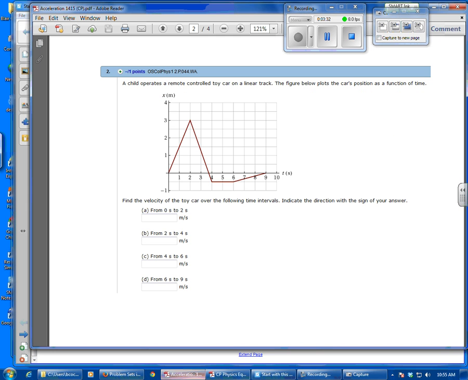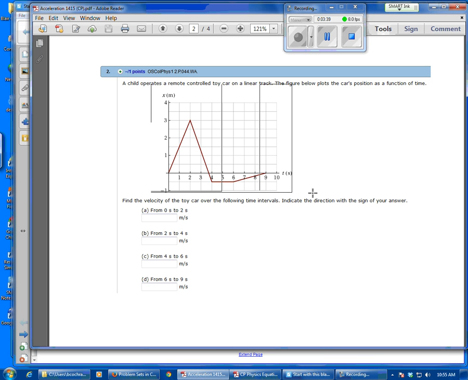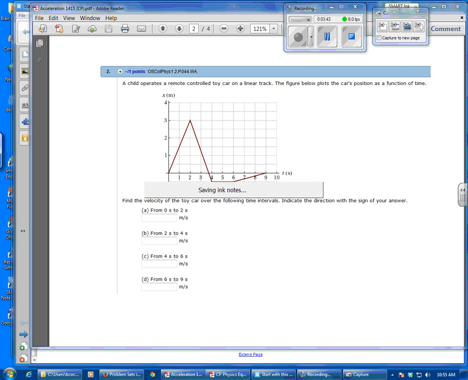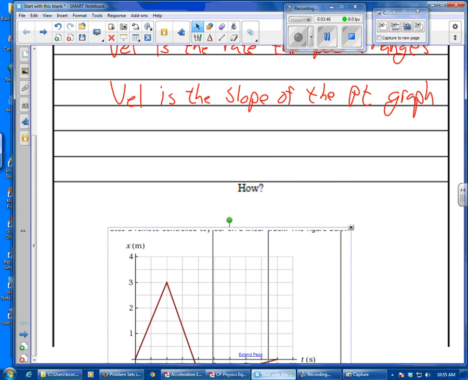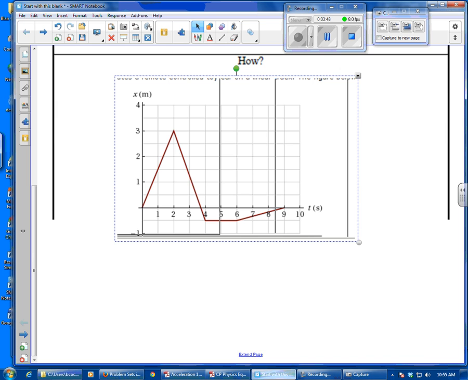Now, I'm going to grab the graph. I have it. And let's see, what do they want to know? Find the velocity of the toy car with the following time intervals.